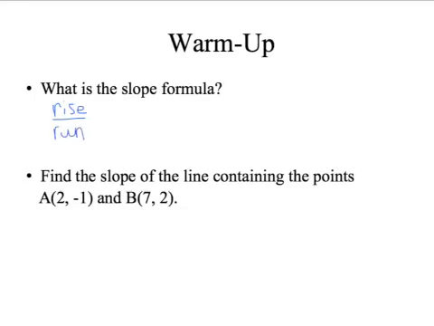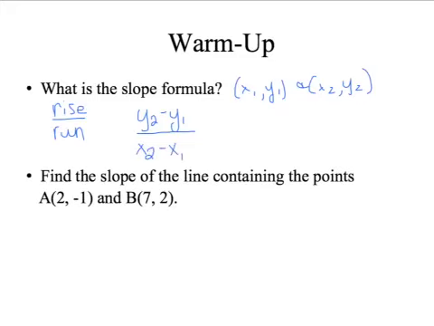So if you have 2 points, x1, y1, and x2, y2, you would find the rise by taking the difference in y's: y2 minus y1. To find the run, you have to calculate the difference in the x's: x2 minus x1. And of course, m is used to designate slope.